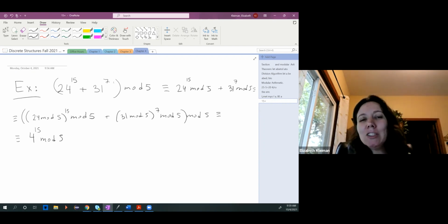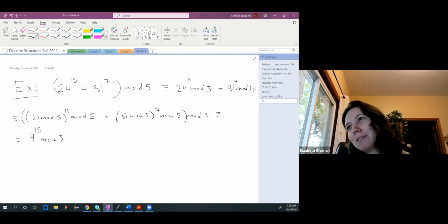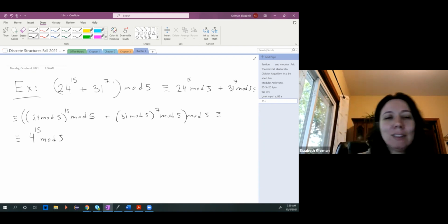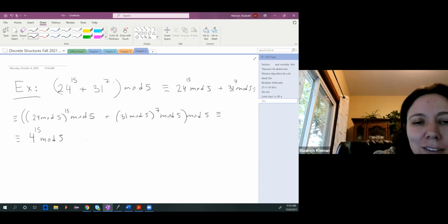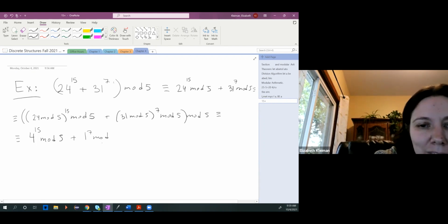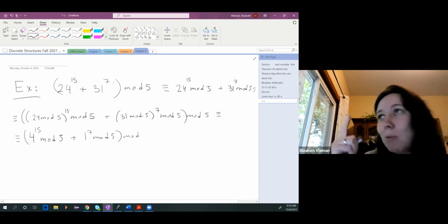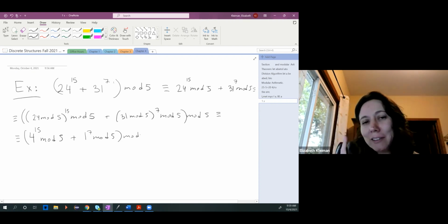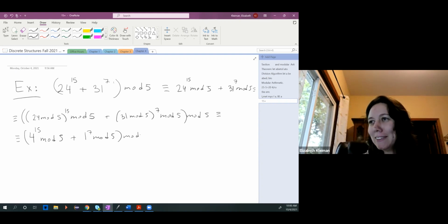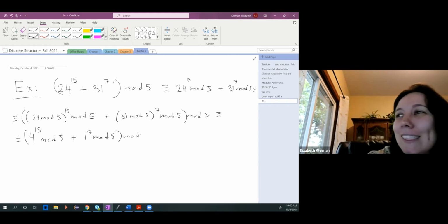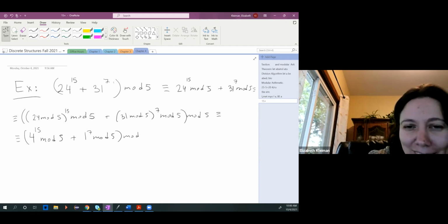Now, how much is 31 mod 5? That's 1, correct? Well, we have at least one good thing happening, correct? We can definitely get rid of 1 to the power 7, right? At least something. 1 to any power is just 1.